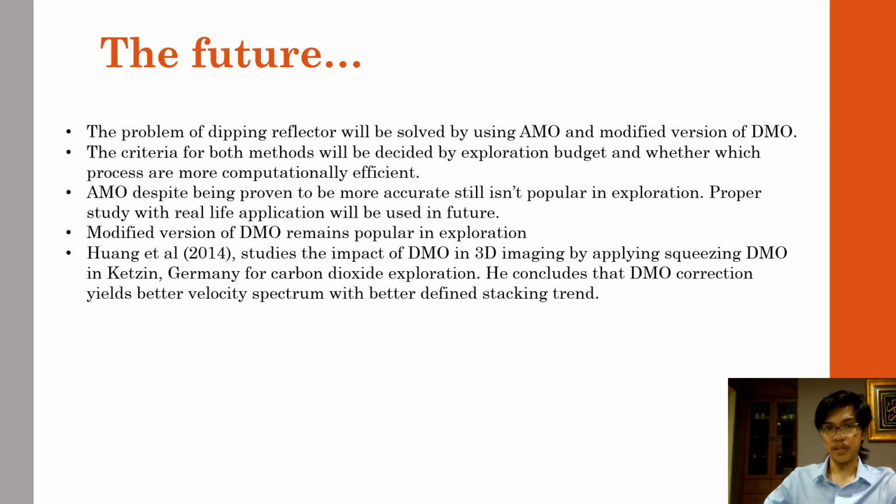AMO, despite being proven to be more accurate, still isn't popular in today's exploration. A proper study with real-life application of the method should be done in the future to confirm whether this method is good or not. Modified versions of dip move-out remain popular in exploration.